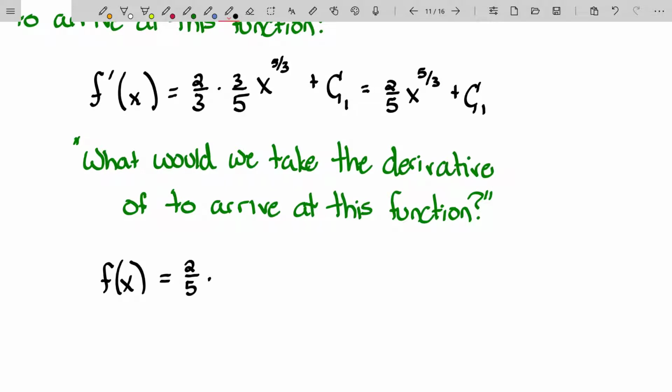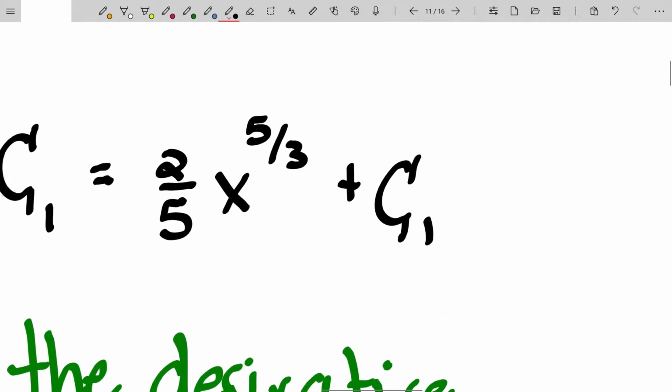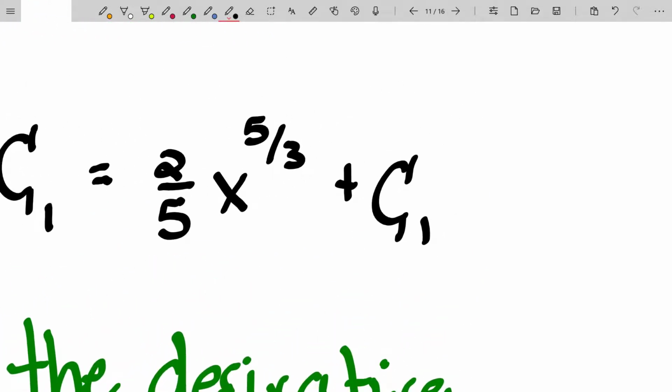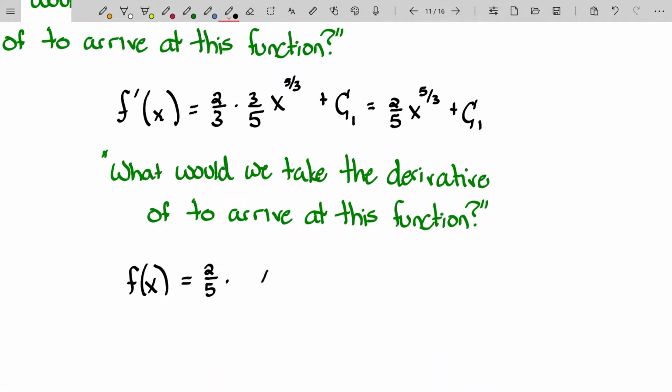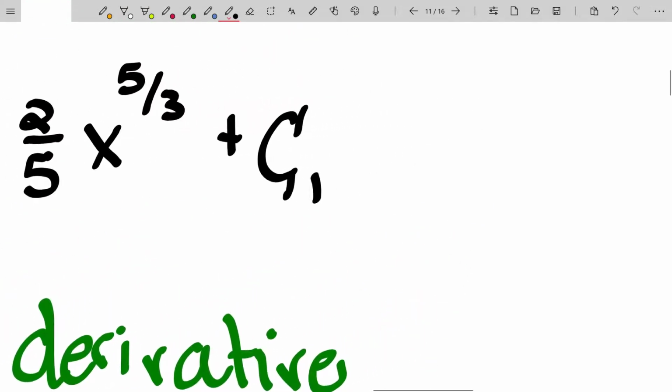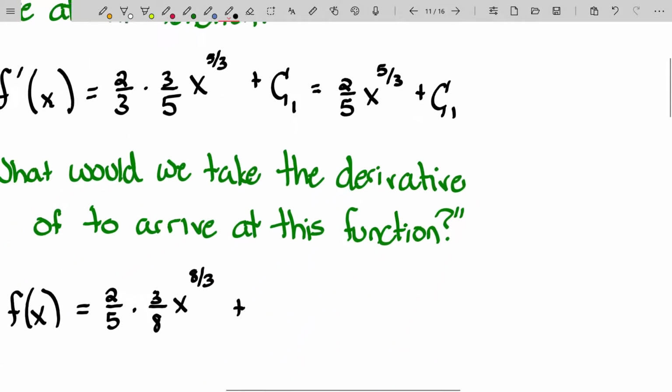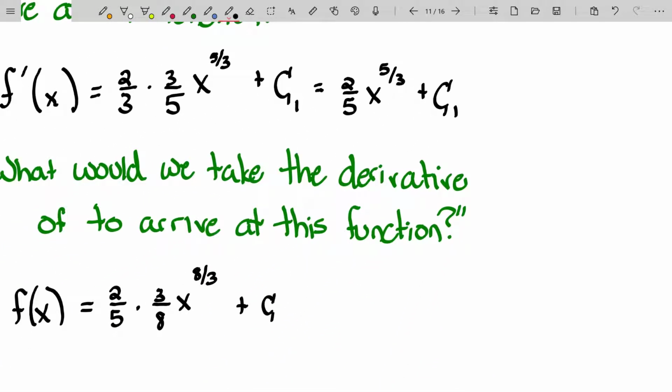We're going to multiply it by x, raising that power 5/3 by 1, so now it's x to the 8/3. Notice I left room out front because I'm going to multiply the front end by the reciprocal of that new power, so by 3/8, plus the antiderivative of a constant is that constant times x. So it'll be c sub 1 times x.